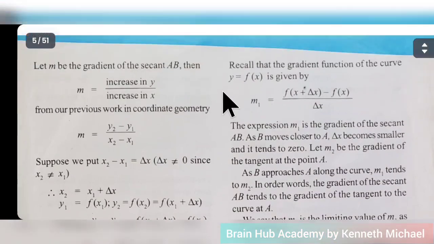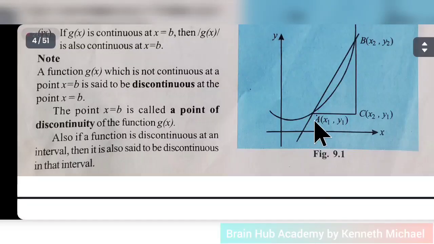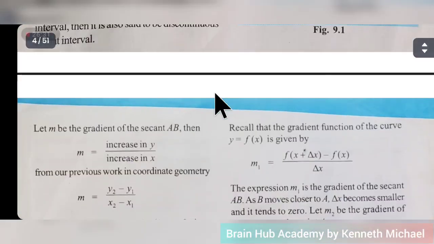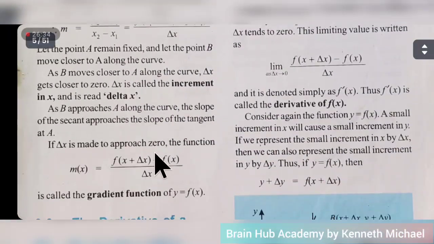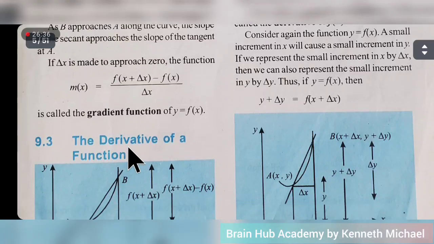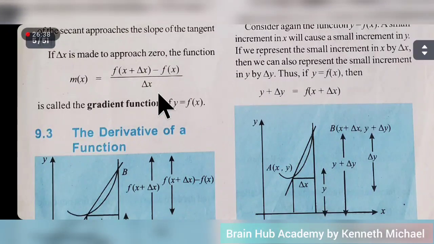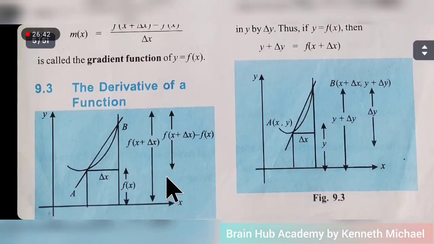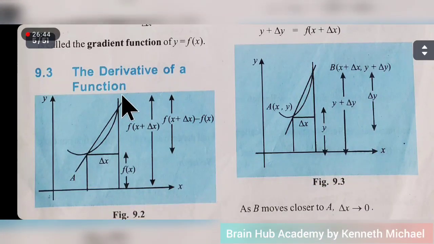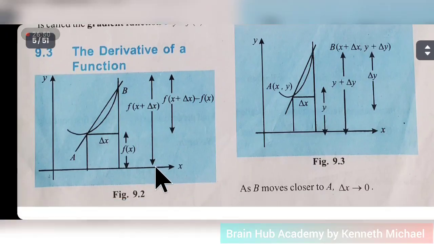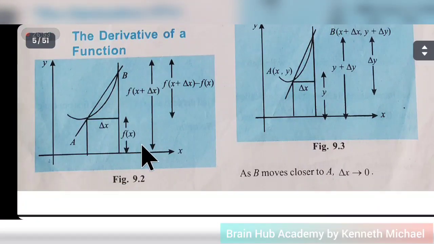If you look at the graph, you discover that it approaches this origin. So because of that, that is what we are going to have. This is going to help us as we continue with this lesson. The derivative of a function, the changes that occur.